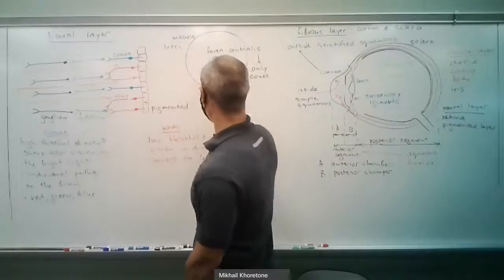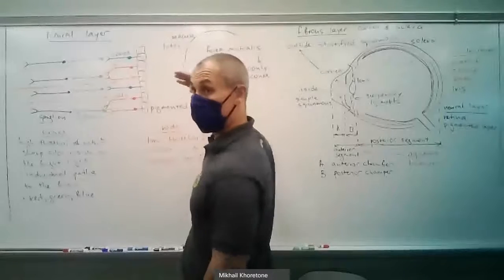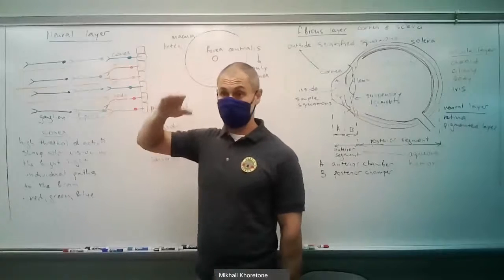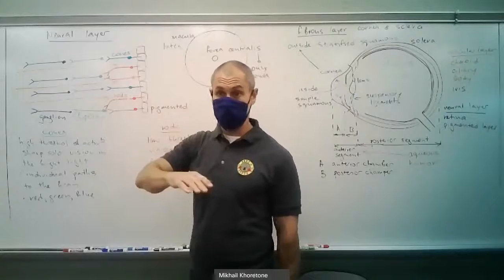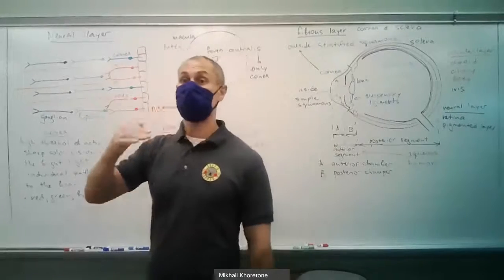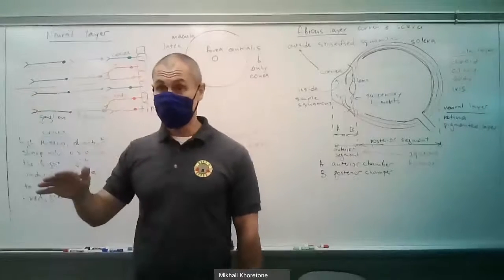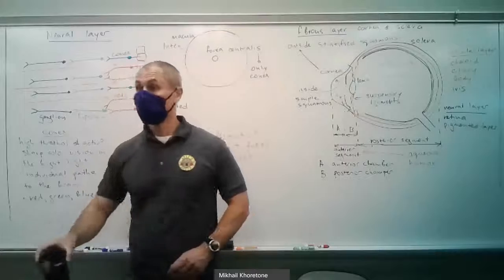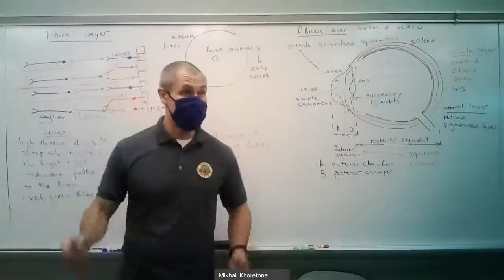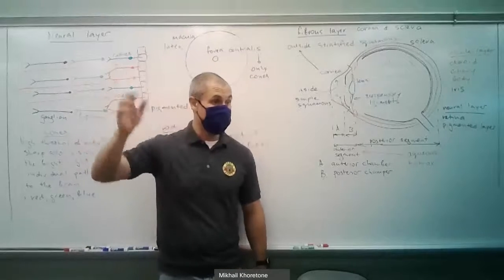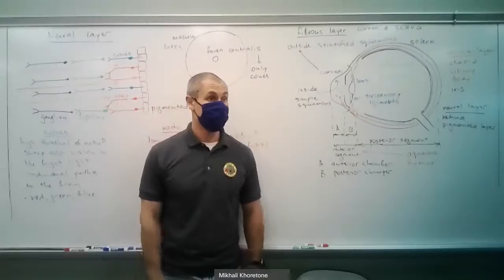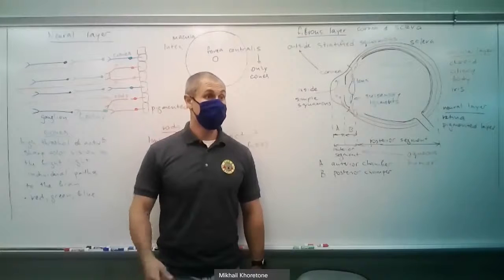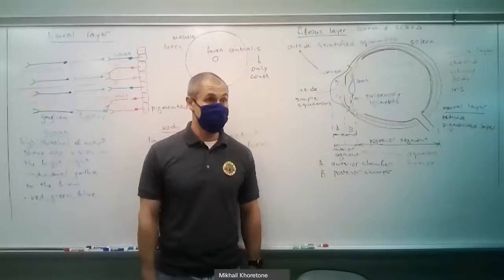As you move away from fovea centralis, the number of cones gets lower and lower, and the number of rods rises. Am I clear? So a good example would be right now, can I see Nicola with my peripheral vision? Yes. Do I see her? Is the image sharp?